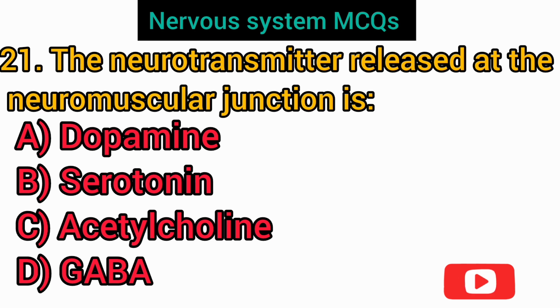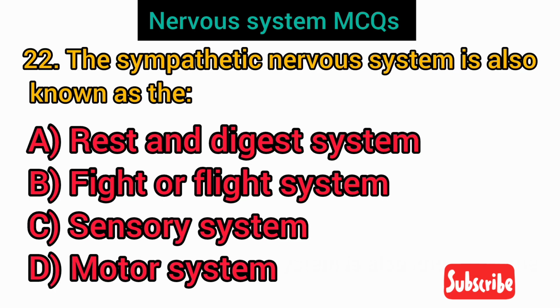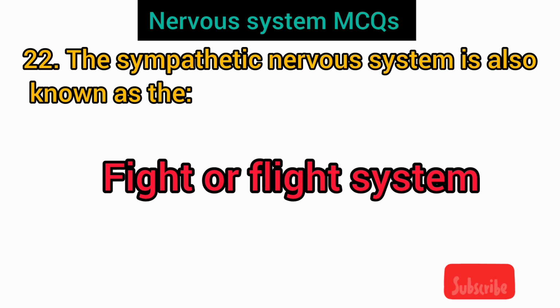The neurotransmitter released at the neuromuscular junction is acetylcholine. The sympathetic nervous system is also known as the fight or flight system.